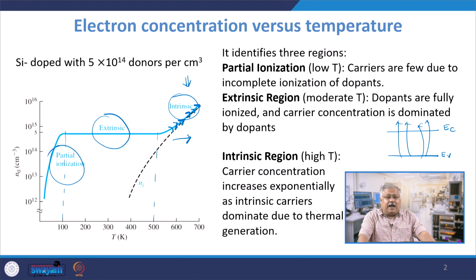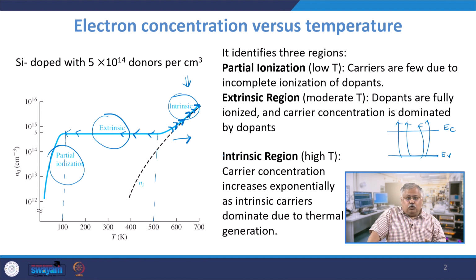Even at 300 to 500 Kelvin, all the dopant species will give you all the electrons, and therefore it remains constant, because you are not adding anything extra beyond those 100 dopant species. So with respect to temperature, it almost remains constant for a long temperature range.